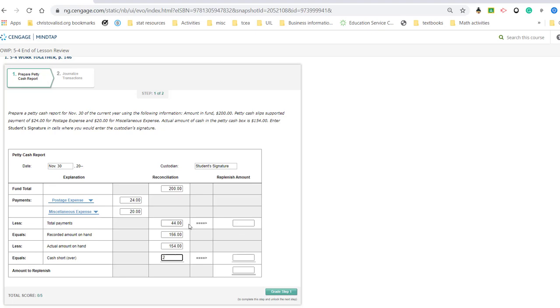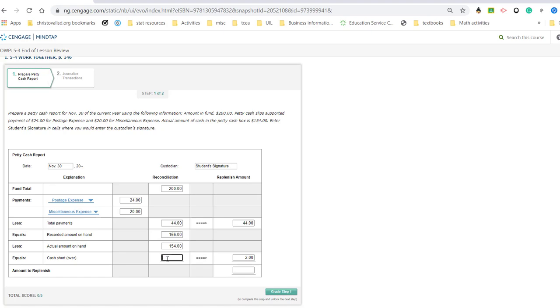So now let's go ahead and slide everything over. We need to move over the total payments, 44. And since I was short, I need to move over $2. If I was over, I'd move over a negative $2. Basically, it'll go opposite. And actually, it may make you do it in parentheses in this.